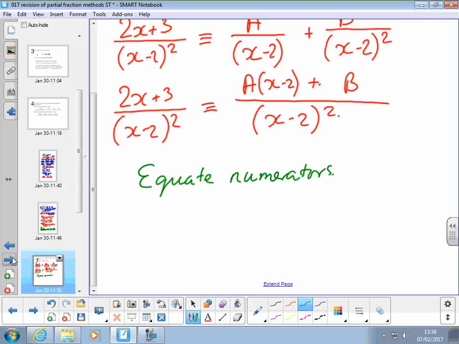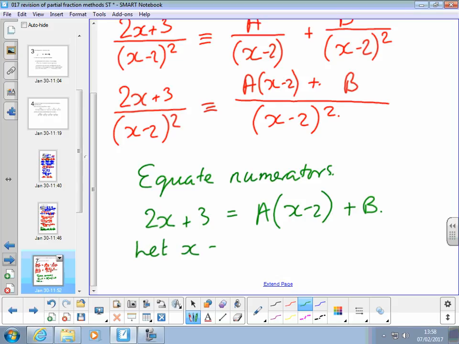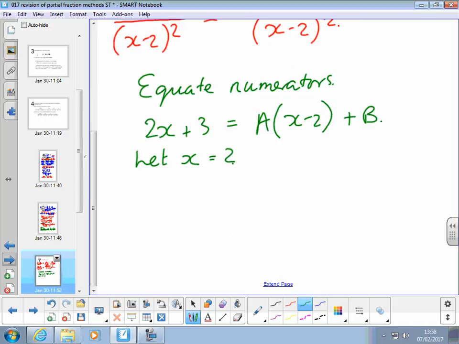Equate numerators, didn't we? So we can say 2x + 3 is equal to A(x − 2) + B. If the denominator is equal, the numerators must equate as well. Now let x equal 2.